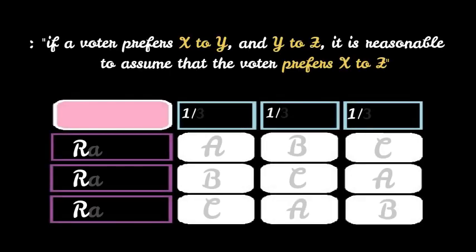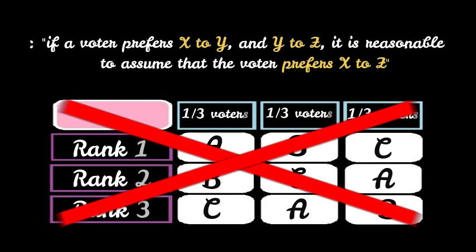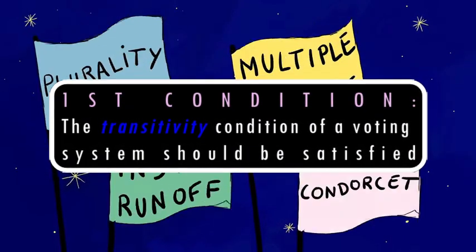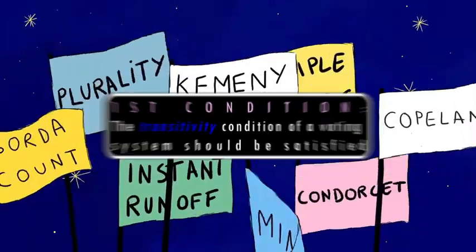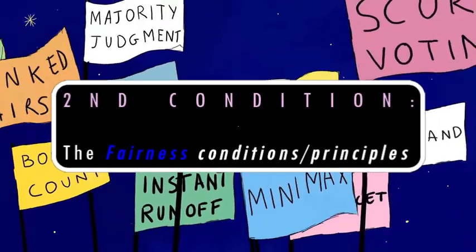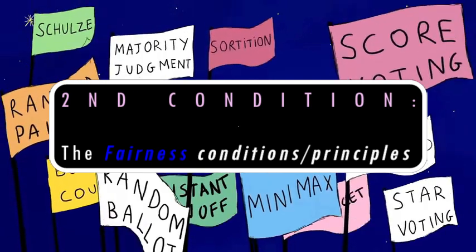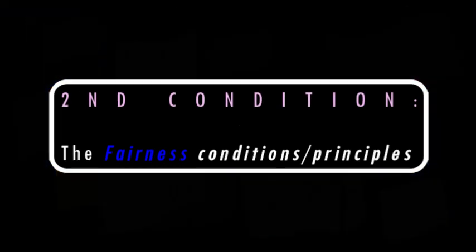Looking at the example from before, it does not satisfy this condition, hence the non-transitivity can cause problems. Aside from the transitivity condition that voting systems should satisfy, the second condition would be the fairness condition or principle of the voting method, which will be further discussed later on.